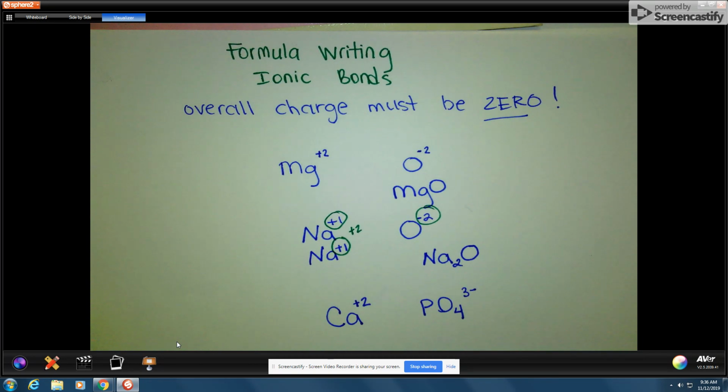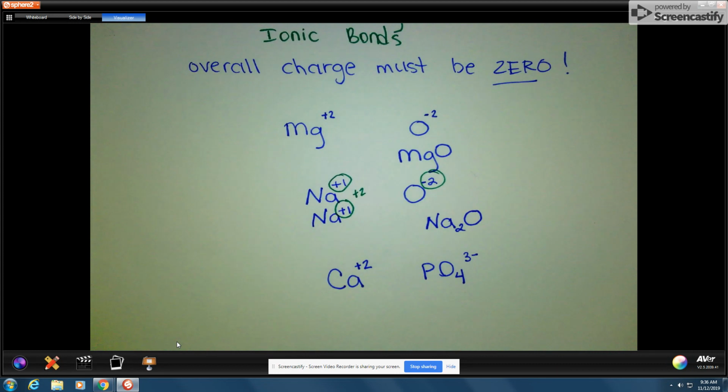I always switch how I write these. This one's more difficult because 2 and 3 don't go into each other. However, 2 and 3 both go into 6. So we want to have a +6 charge overall and a -6 charge overall. So to do that, I'm going to add another calcium.